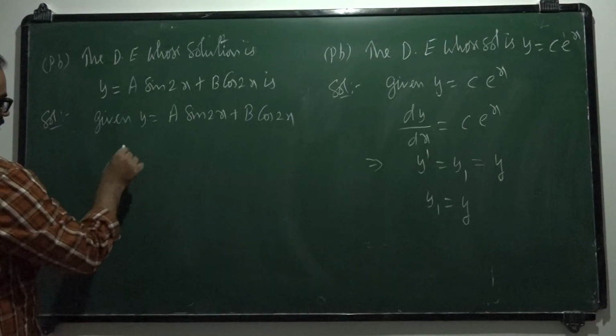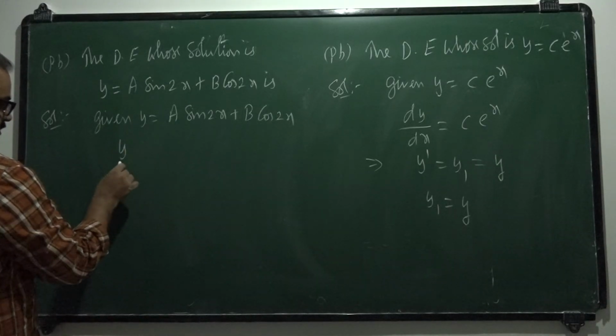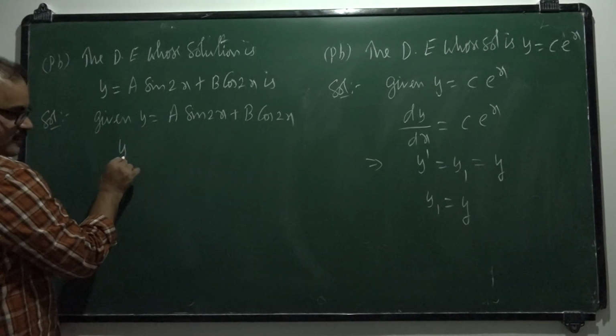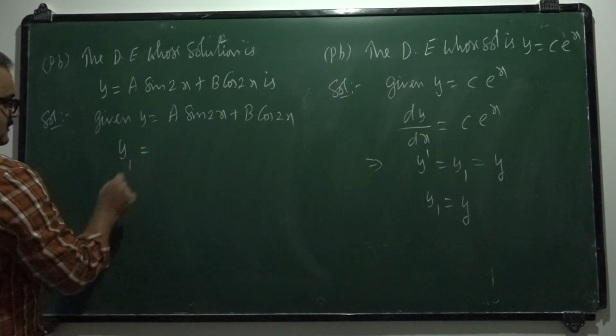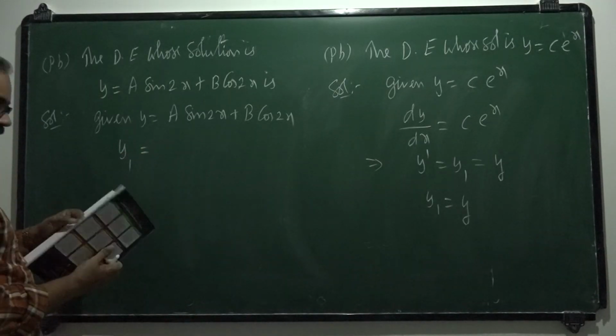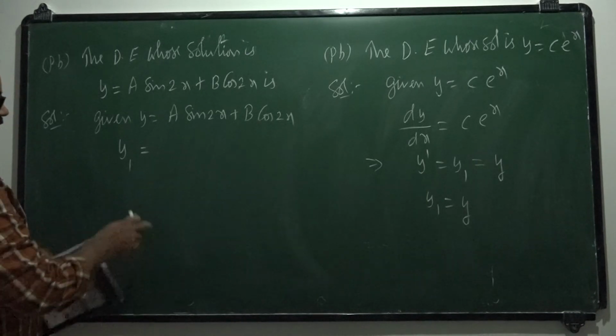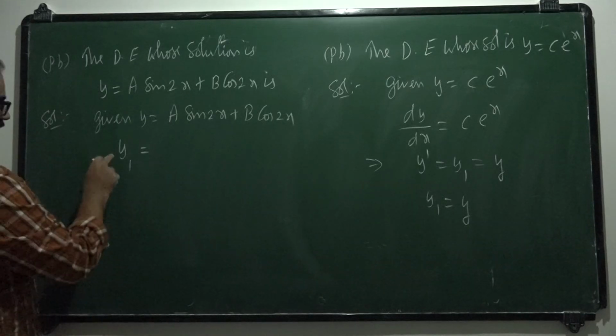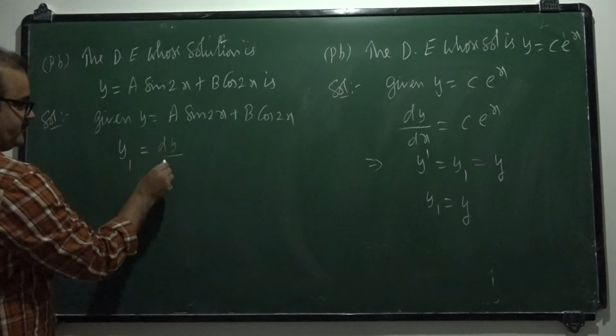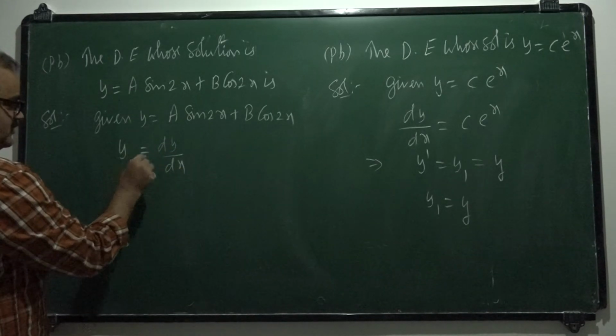Now find the first derivative. First derivative means you write it as dy by dx or y1 or y dash. Here the options are in terms of y1 and y2. So you also write in terms of y1 and y2. y1 means first derivative of y.